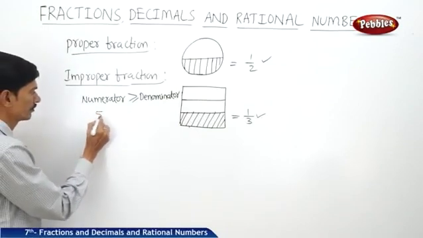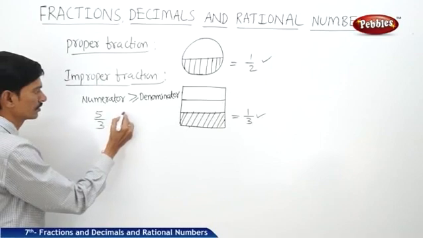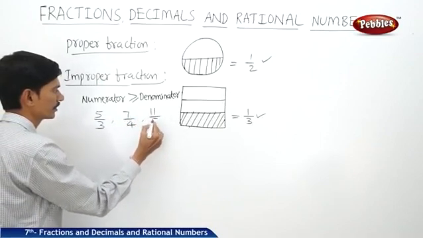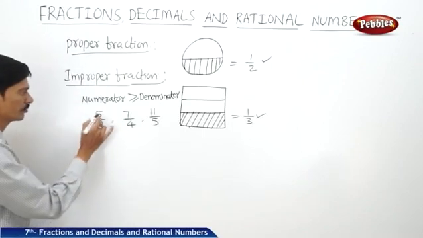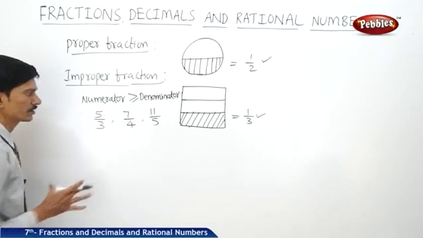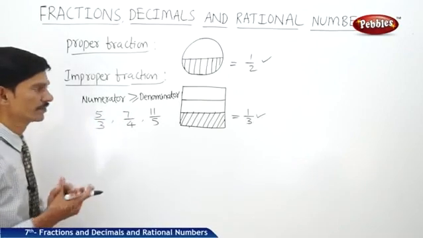For example, 5 by 3 or 7 by 4 or 11 by 5. So in all these fractions, the numerator is greater than or equal to the denominator. So then these fractions are said to be improper fraction.